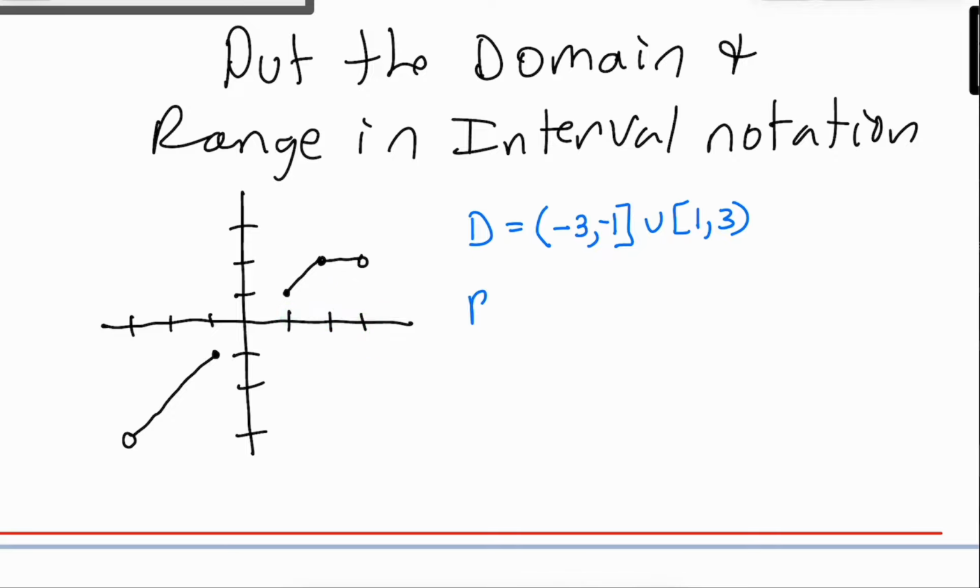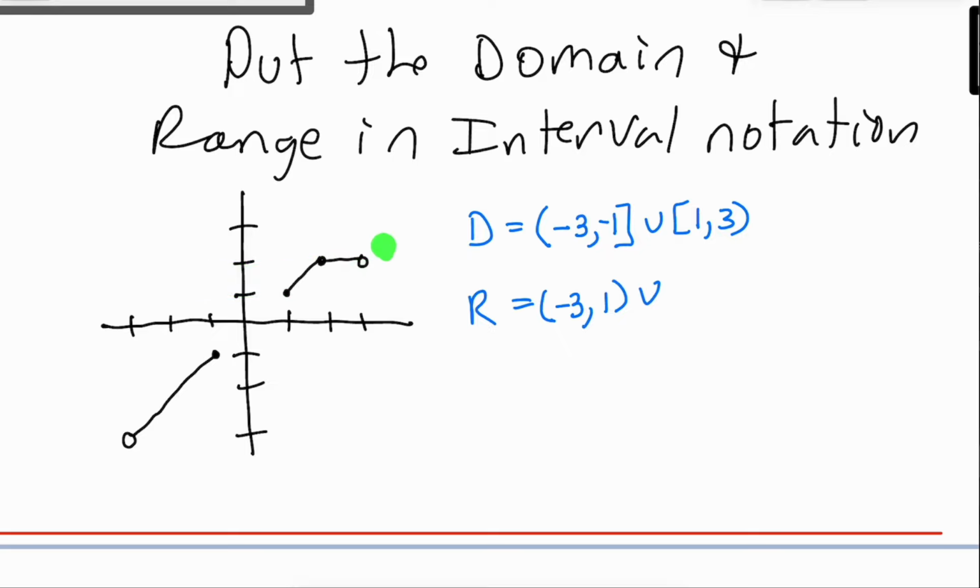Now let's talk about range. The lowest value I see is -3, but it's open. I can have all the values up to a y value of -1. So I have open, -3, up to 1. The next y values I have are +1, all the way up to 2, and I have this little platform at 2.